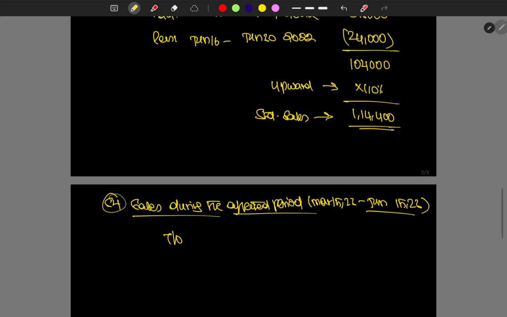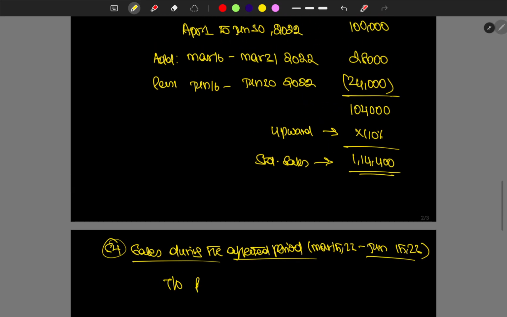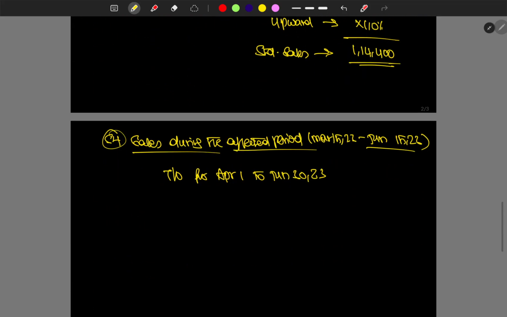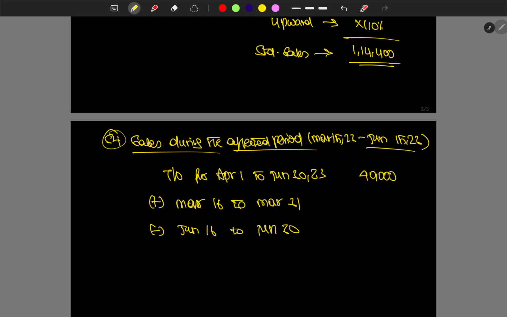Turnover for April 1 to June 30, we are given the information which amounted to 40,000. Let's take the 40,000 here. Add the relevant period March 16 to March 31st and remove the relevant period, June 16 to June 30.